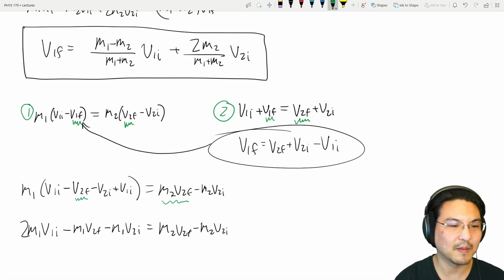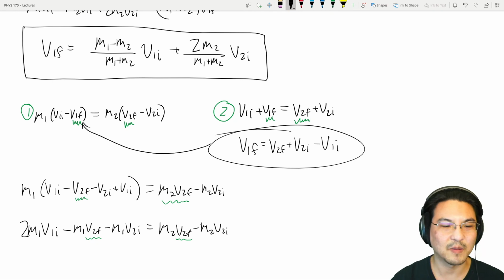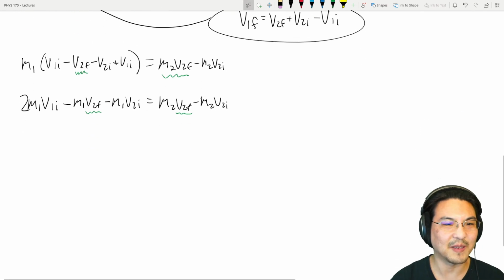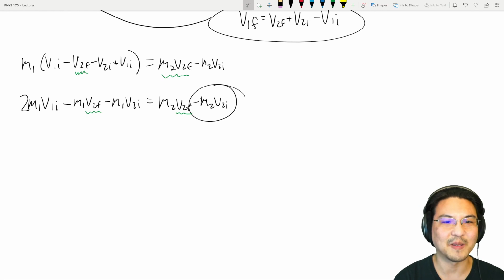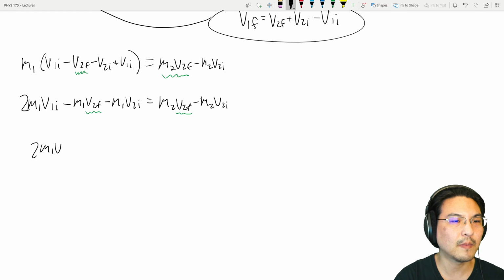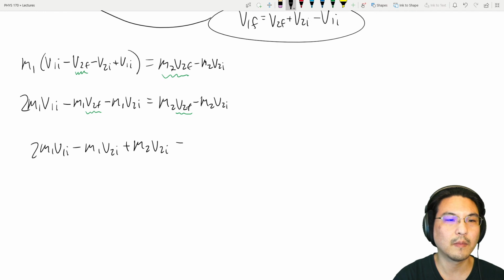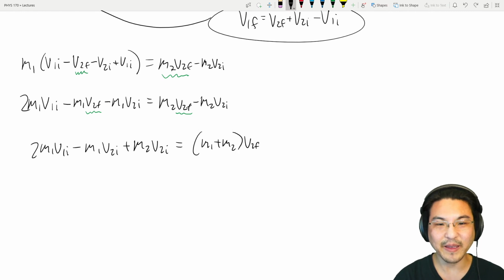And then my unknowns are here still, which means I'm going to take this and move it on that side, and I'm going to take this and move it on this side. Okay, so then I just divide both sides by that.